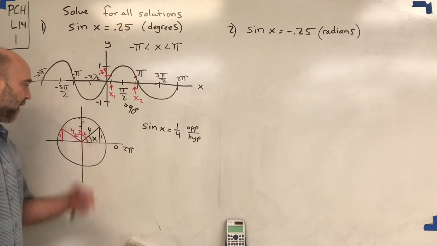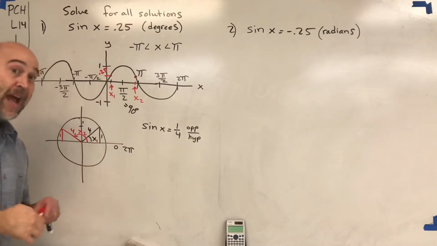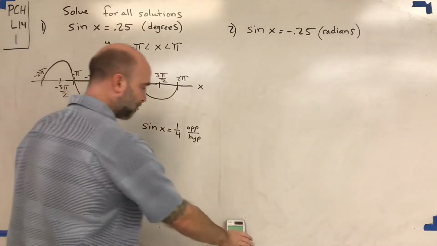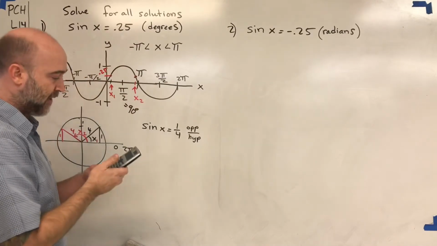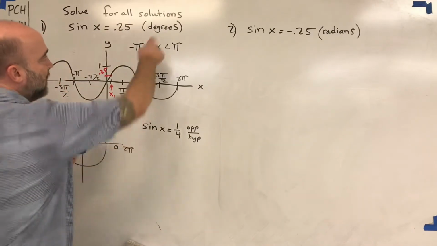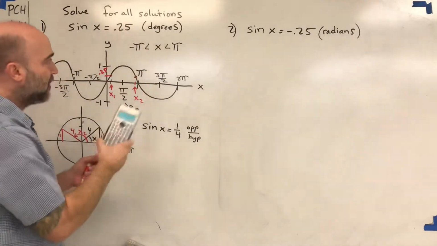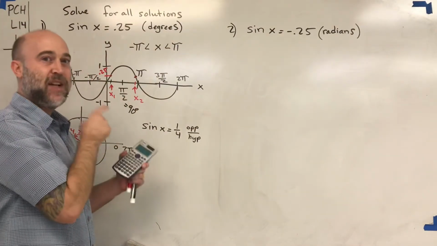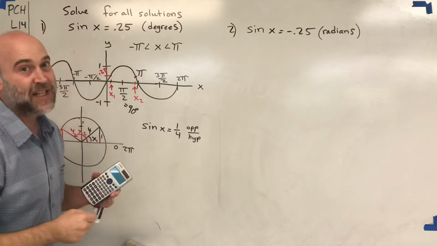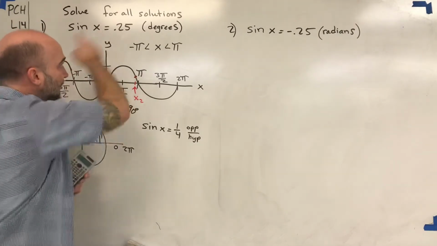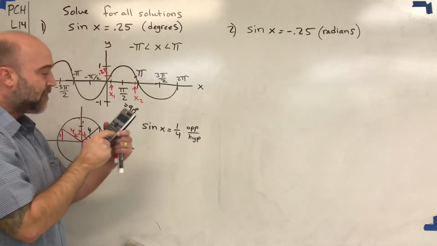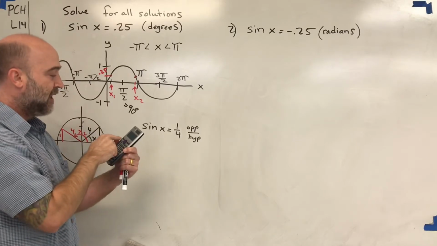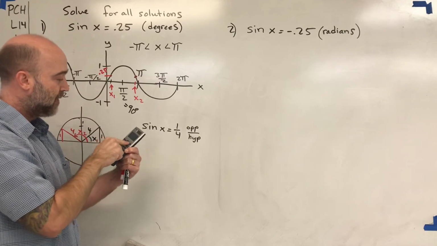All right, so how would I find that? Well, this one you have to use a calculator for. So I'll go ahead and turn on my calculator. I need to be in degree mode. It's really important, and I've done this a few times already, that I put my calculator in the mode as soon as I read it in the problem. So as soon as I read degrees in my problem and I pick up my calculator, the first thing I do is put it in degree mode.